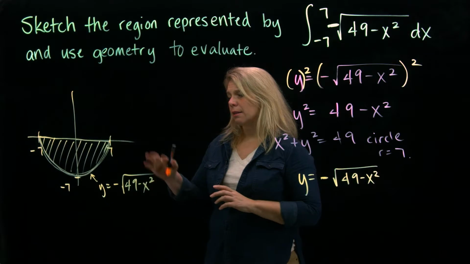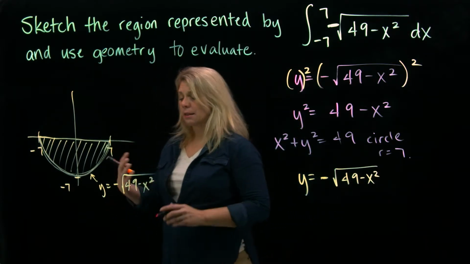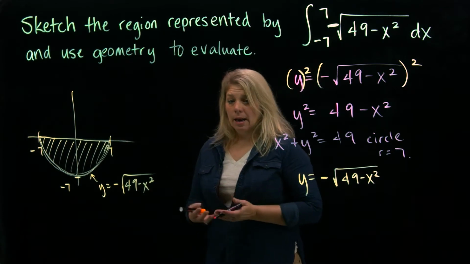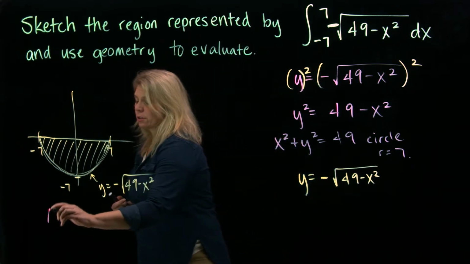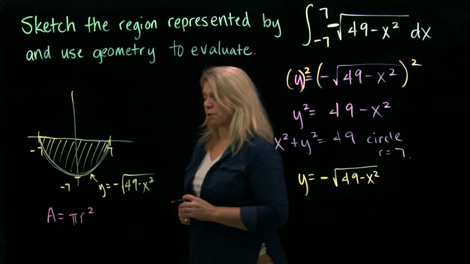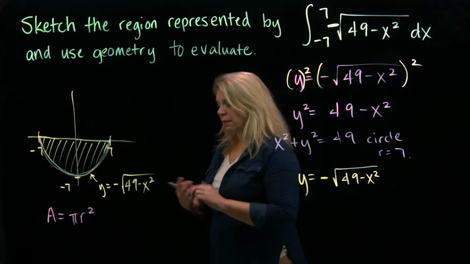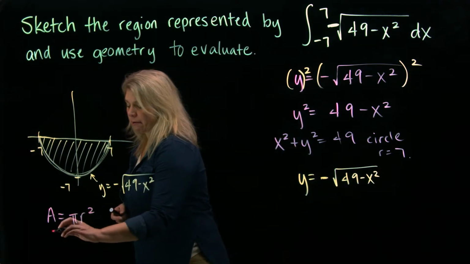So I want to think about this again. Similar to the last video that we looked at, this is a part of a circle. And I know an area formula for a circle, A equals pi r squared. For this circle, since the radius is 7, I can write the area for this circle.